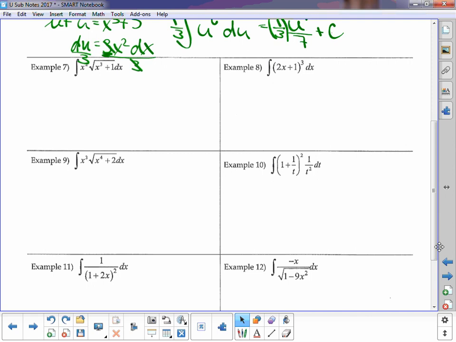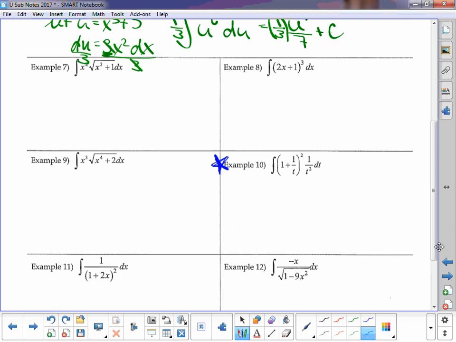Go ahead and give example 10 a try. What do you think we should do before we even start? I would do a common denominator. If these were two different fractions that we want to multiply together, this whole thing's to the second power. What do we do anytime we have stuff in the bottom?